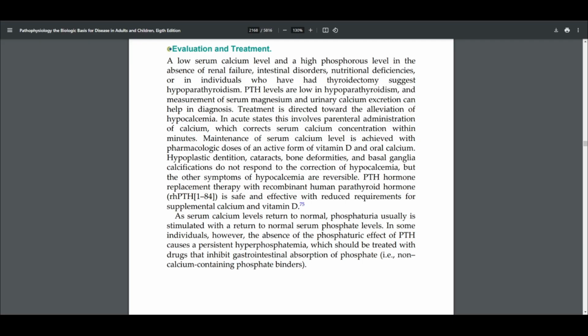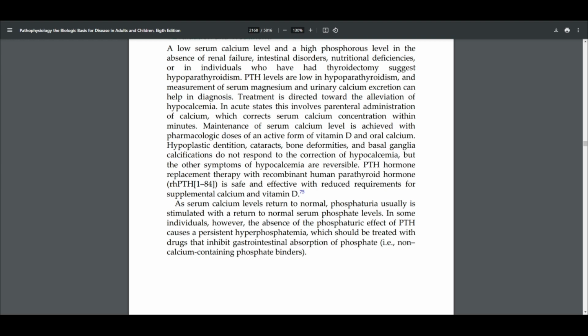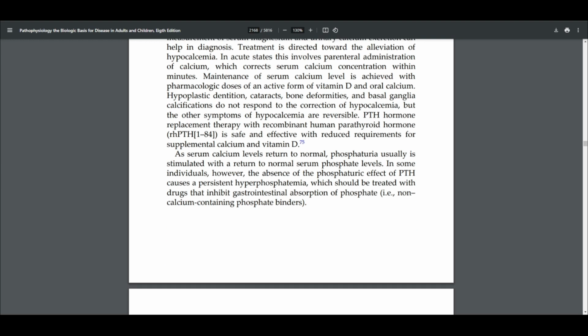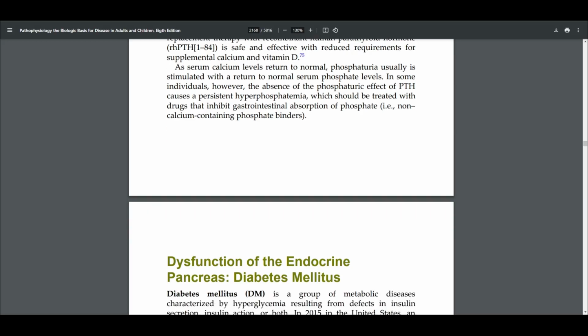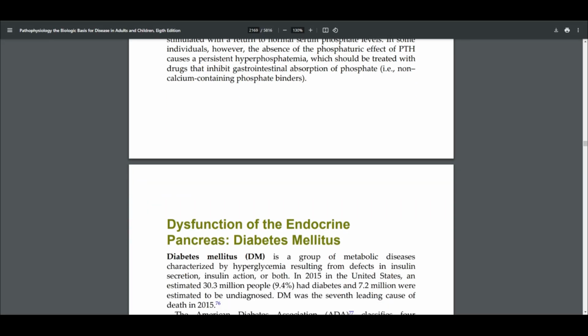In some individuals, however, the absence of phosphaturic effects of PTH causes a persistent hyperphosphatemia, which should be treated with drugs that inhibit gastrointestinal absorption of phosphate.